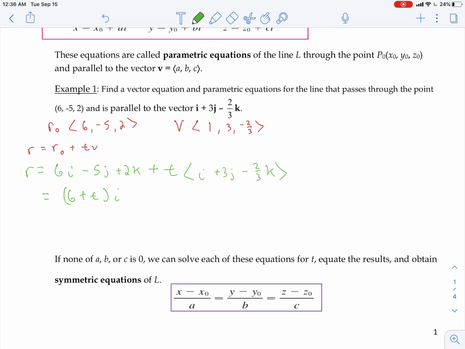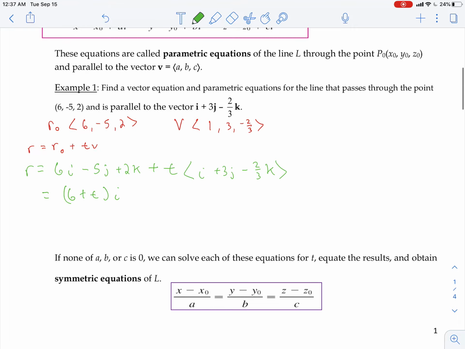And so then I have plus negative 5 plus 3t j. So again, that's just coming from combining all the terms with j in it.